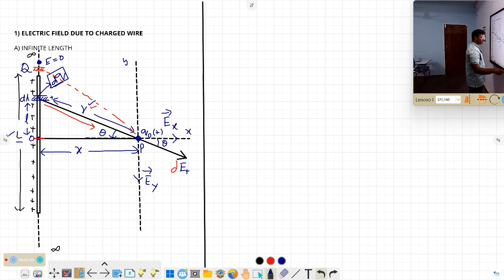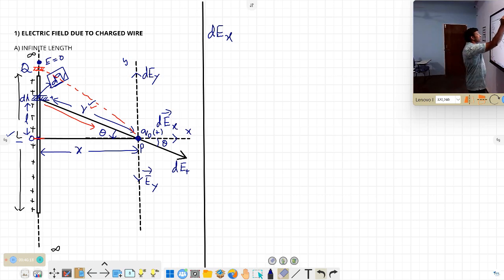So if you resolve this dE into components, you are going to get the dEx component, and another component, that is dEy.